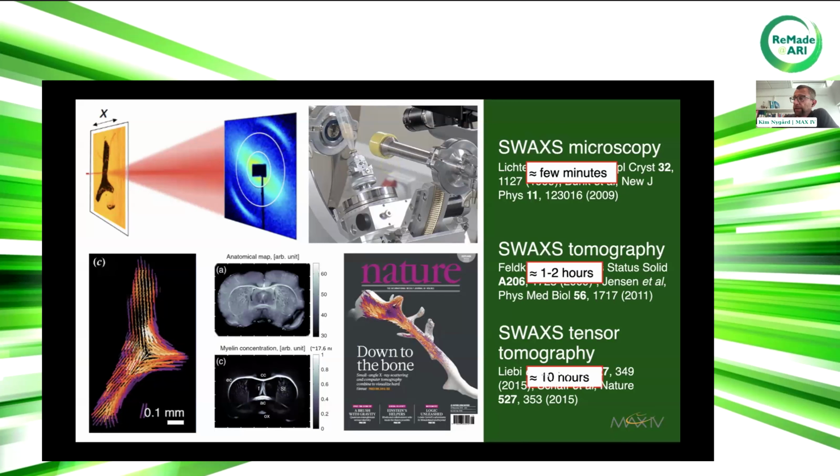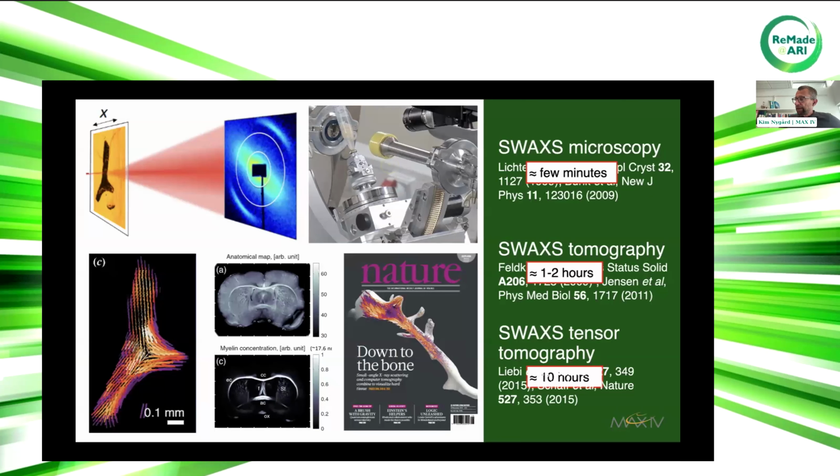Now an obvious drawback with point-by-point scanning to do imaging is that these experiments tend to be quite lengthy. If you just do 2D imaging or microscopy, then it's still fine. We have fast stages. It's maybe a few seconds per line.